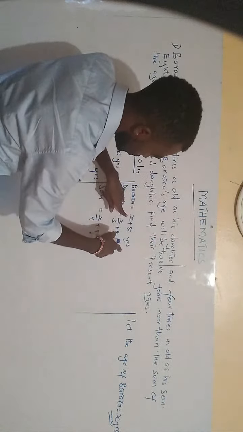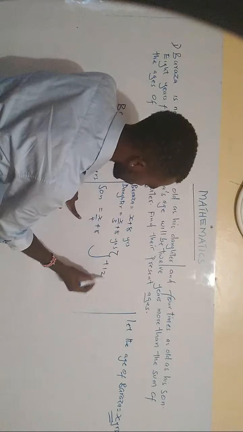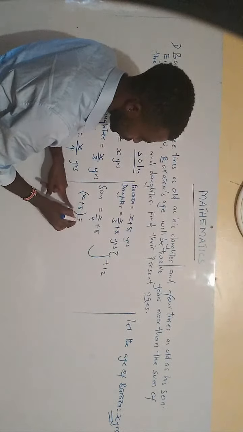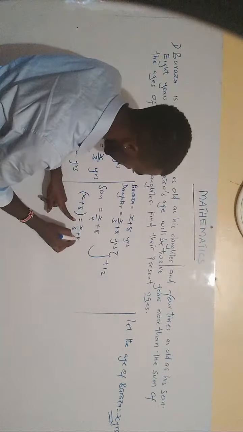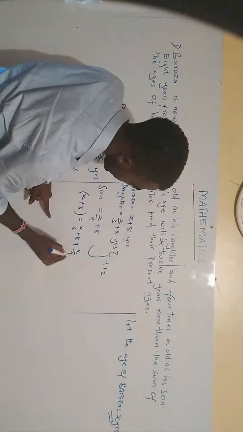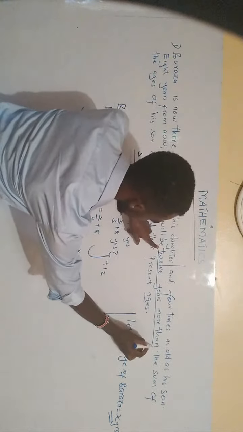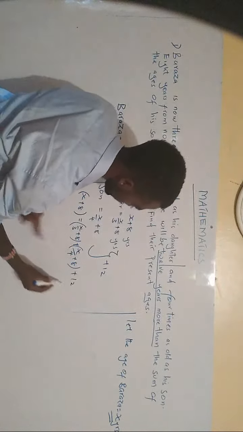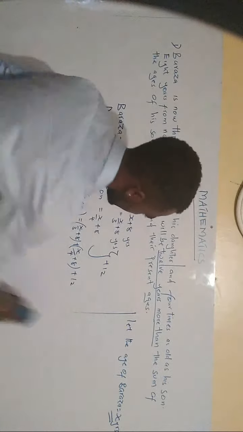So x plus 8, the age of Baraza, is equal to the sum of the ages of the daughter and the son, which is x out of 3 plus 8, plus x out of 4 plus 8, and then plus 12, since it is 12 years more than the sum.